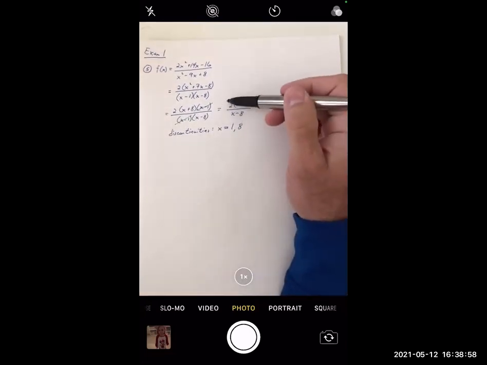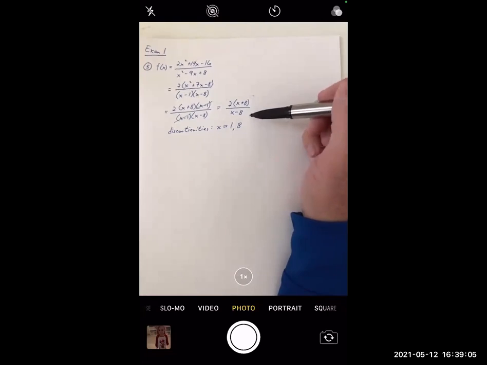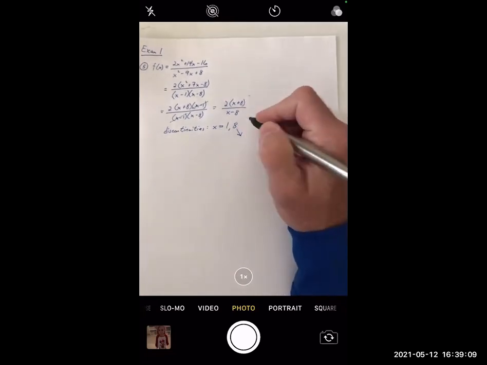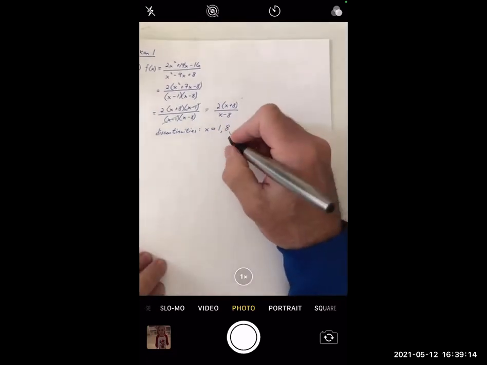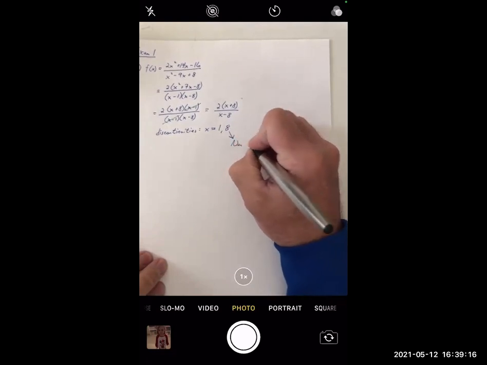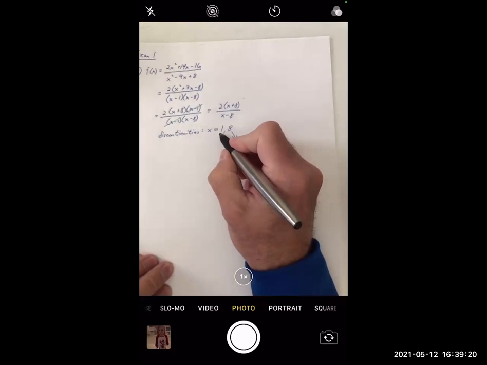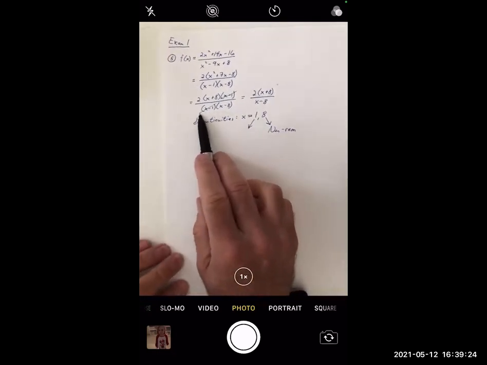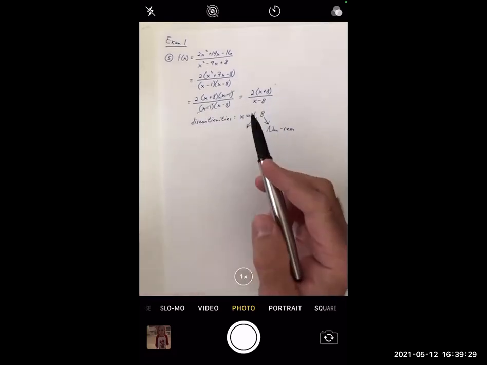So in this new function, what's the discontinuity? 8. The 8. So the 8 is the one that stuck around. It's the one that did not get removed. So it's the non-removable. And the 1, the part that made it 0, totally disappeared. You removed it from the function. It's no longer in there.